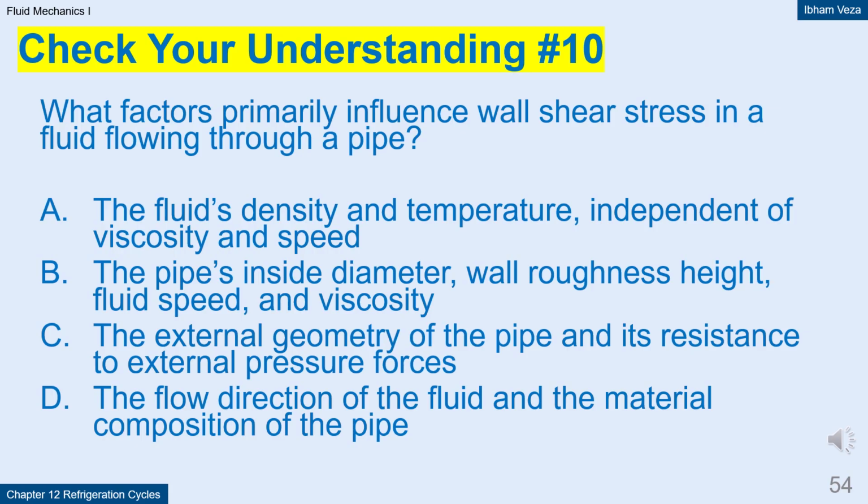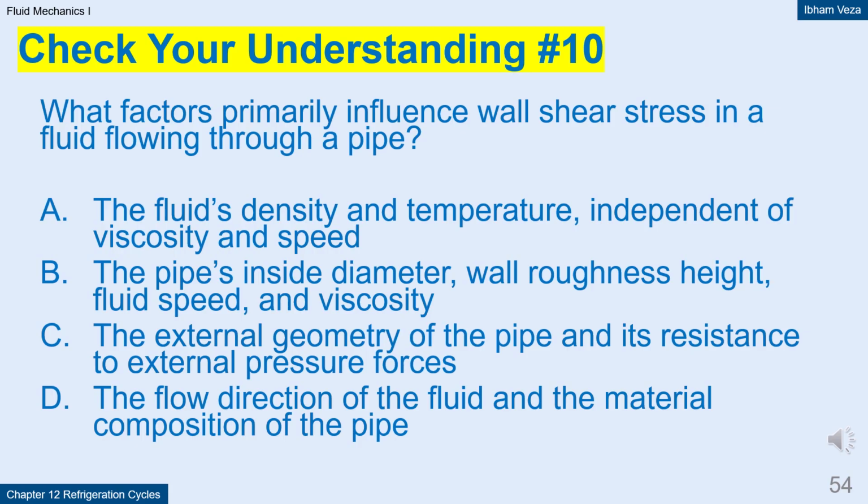B. The pipe's inside diameter, wall roughness height, fluid speed, and viscosity. Explanation. A is incorrect because temperature is not a direct factor in wall shear stress unless it affects viscosity, which is already a key factor.